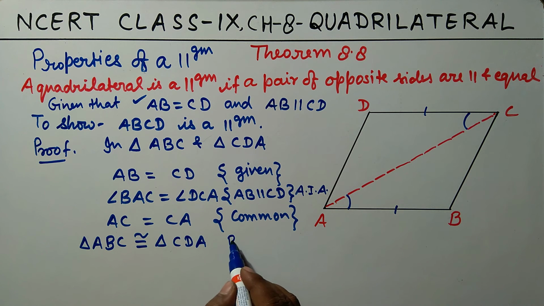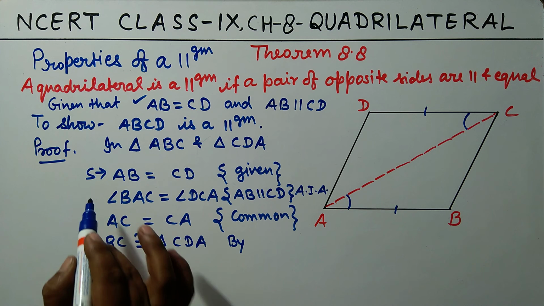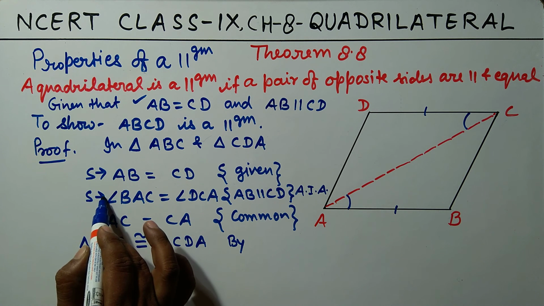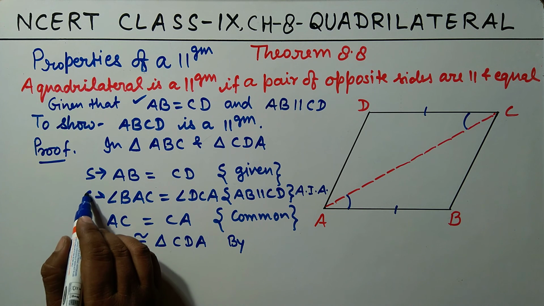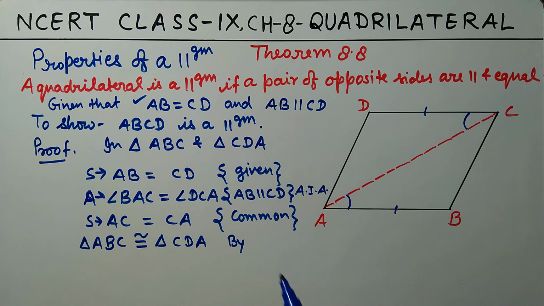By which rule? This is side, this is angle, and this is also side. So by the side angle side rule, or you can say congruency criteria, triangle ABC is congruent to triangle CDA.